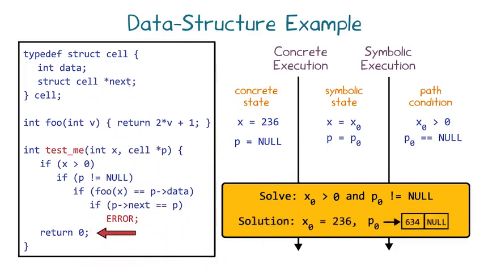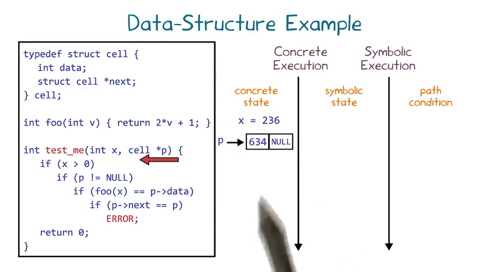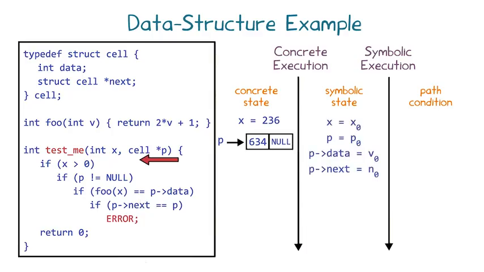A satisfying assignment in this case might be x0 equals 236, p0.data equals 634 and p0.next equals null. This forms the new concrete state for the next run of the testMe function. The symbolic state is expanded as well, with the symbolic values v0 assigned to p.data and n0 assigned to p.next.